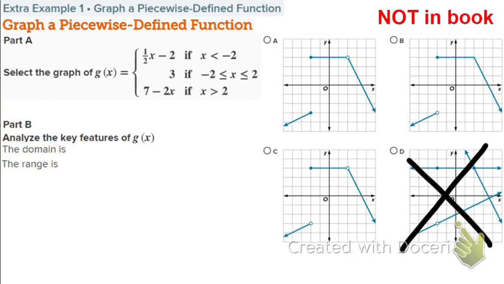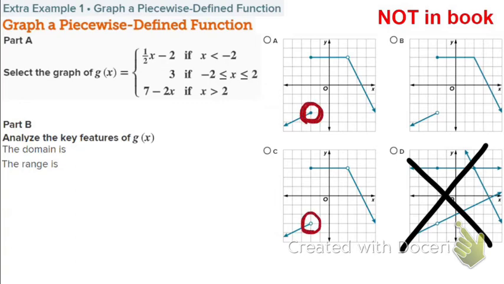Ain't B and C the same thing? Very close to the same thing. A, B, and C are all super close, aren't they? There's tiny little differences between them. Who can pick out what the differences are? Graph A has a closed circle in the bottom corner.